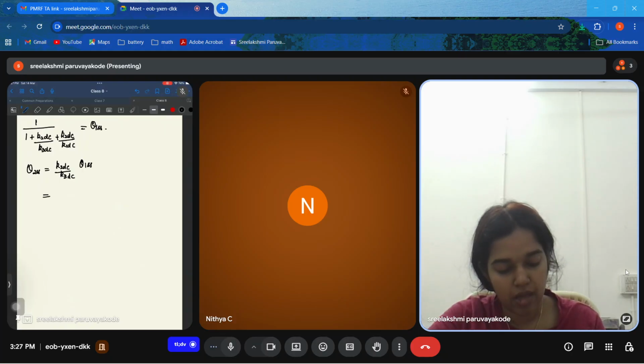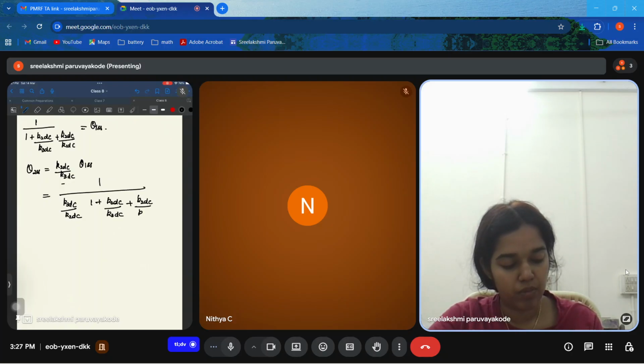That is the same as writing 1 by, just taking a reciprocal here, K3 dc by K2 dc, the same as writing K2 dc by K3 dc, just taking this down beneath K3 dc. And what is theta 1 SS? 1 by (1 plus K2 dc by K3 dc plus K2 dc by K1 dc).